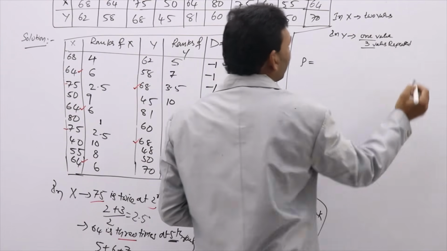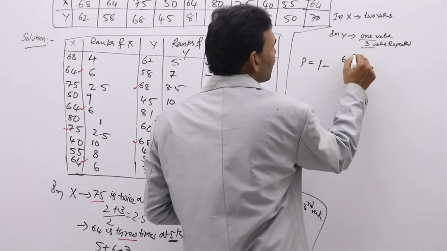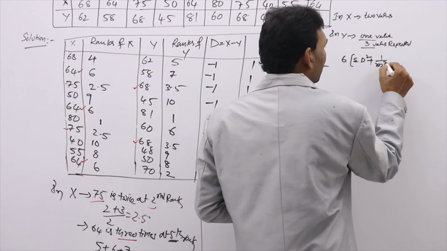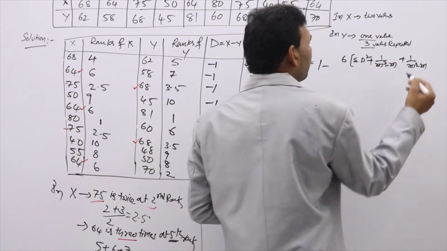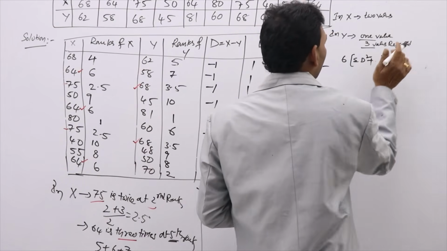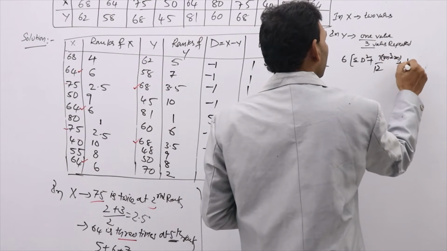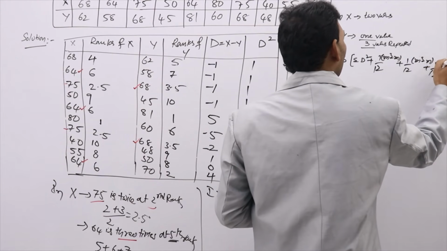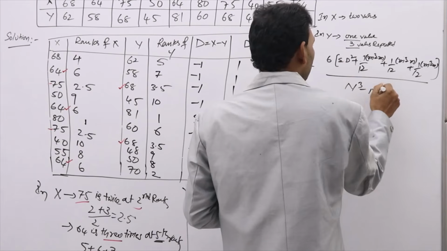3 values repeated. So in this formula you need to write like this: 1 minus 6 into sigma d square plus 1 by 12 into m cube minus m, plus 1 by 12 into m cube minus m, plus 1 by 12 into m cube minus m, divided by n cube minus n.